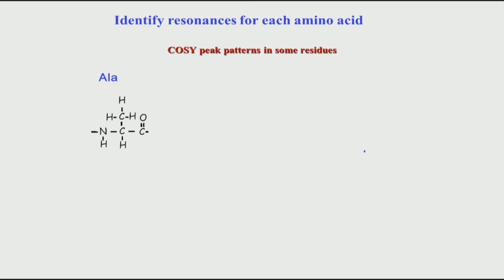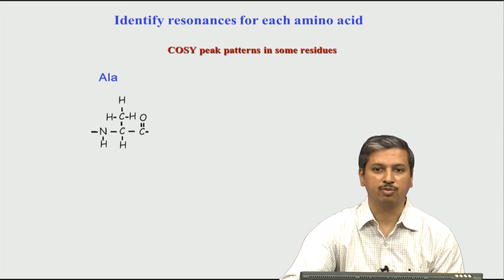Now let us look at the peak pattern for amino acids. Again, remember we are going to restrict our focus only to the 20 naturally occurring L amino acids. L amino acids are what we see in nature in all peptides and proteins, and therefore we will focus on those 20 amino acids.